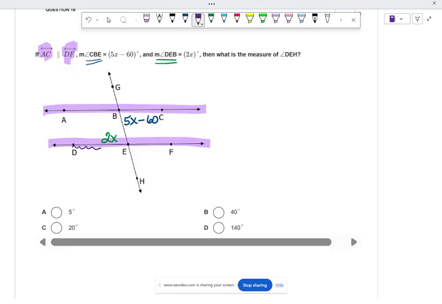From the D to the E to the H. We know that's going to be our final answer. Since we have parallel lines, we can use our X strategy.